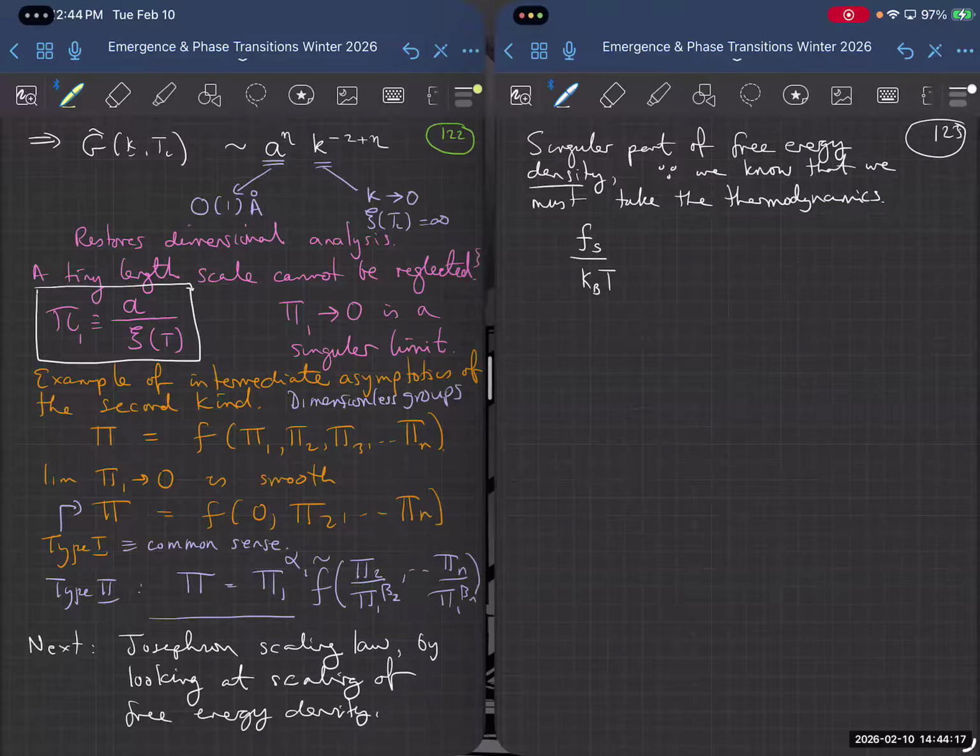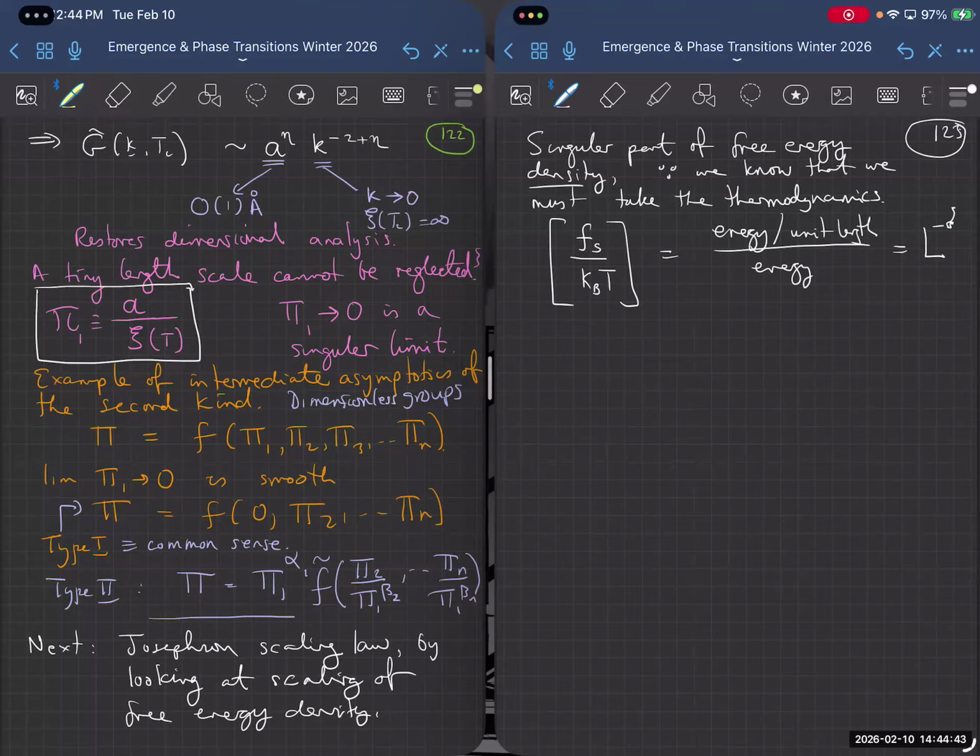Let me just say it more correctly. This has the units of energy per unit length over energy, and so the dimensions of this are then L to the power minus d.